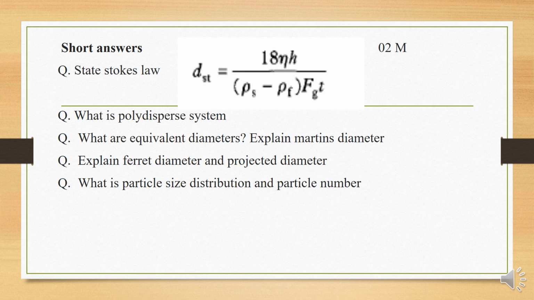So here you can see different types of diameter, you have to specify all, and you can find out different diameters also. So we have to specify what is Martin diameter, what is Feret diameter, and projected diameter, because we are getting a number of questions from this part also. So we have to know what it is.